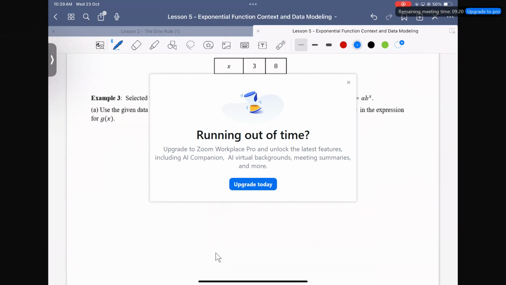Going to use a different technique for this one. So we are going to write two equations to find the values of a and b here. What would those equations be?